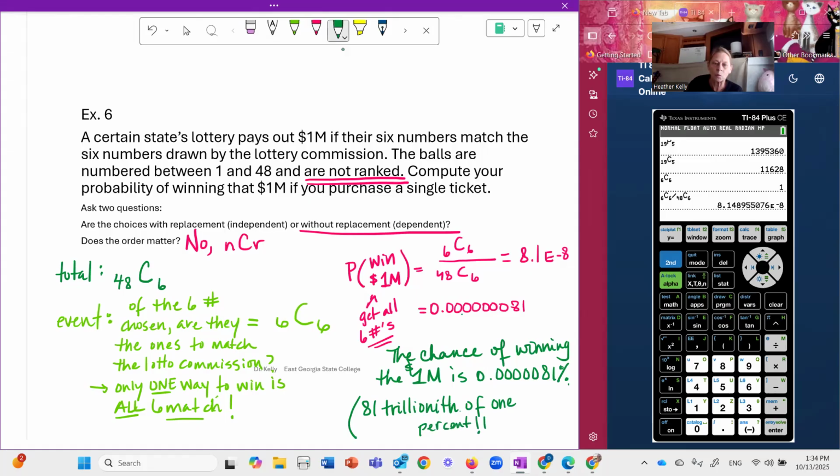It's hard for people to imagine how tiny that number is. But when you write it out like that, because 1% is really hard to hit, right? 0.1% is hard to hit.